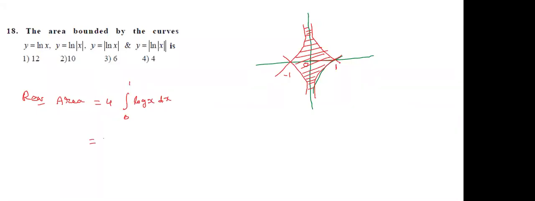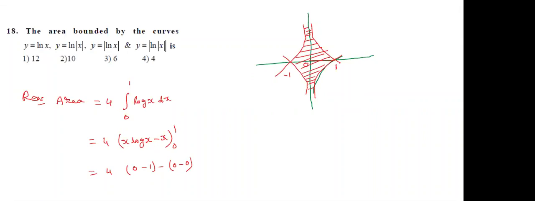Now 4 into, what is the integration of log x? x log x minus x, limits 0 to 1. Substitute the upper limit, then what happened? If 1 is substituted, it is going to 0 minus 1. Substitute the lower limit, you will get 0.